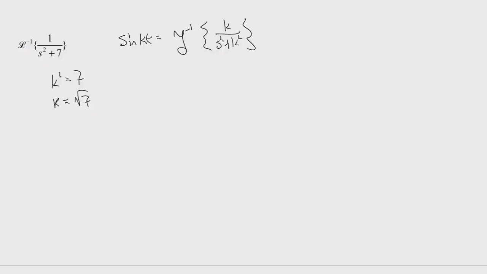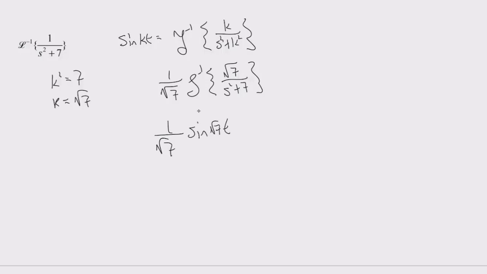So inside the Laplace symbol, I need square root of 7 up top, and then I need s squared plus 7 in the denominator, and to balance that out, I'm going to multiply by 1 over the square root of 7. And so that then fits our sine pattern pretty well. So that's 1 over the square root of 7 sine, and then our k would be square root of 7 t. So there we go.